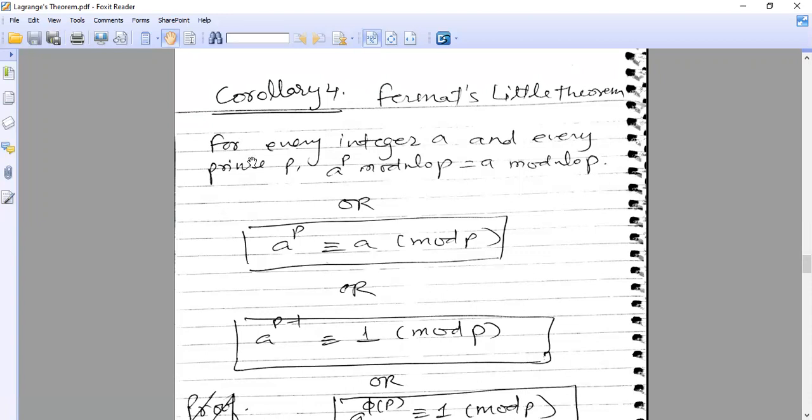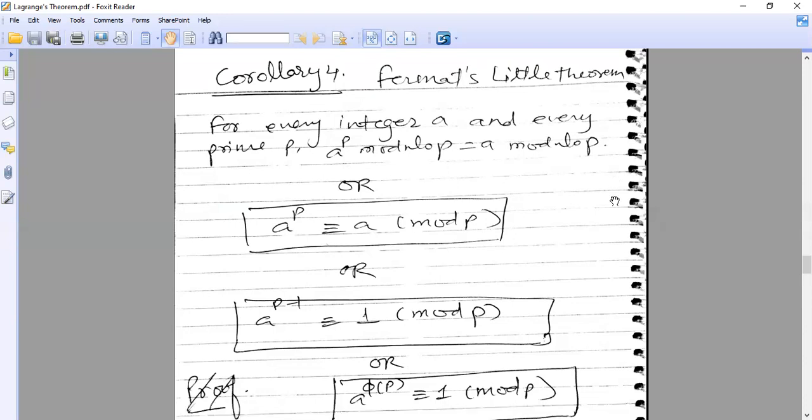For every integer a and every prime p, you take the pth power, a to the power p modulo p. Then by Fermat's little theorem, a to the power p modulo p is equal to a. Or in notation, you can say that a to the power p is congruent to a modulo p.